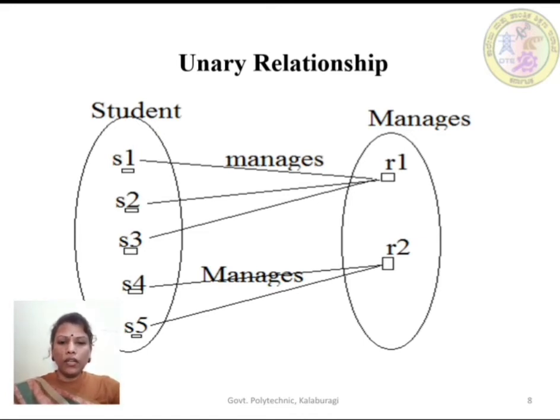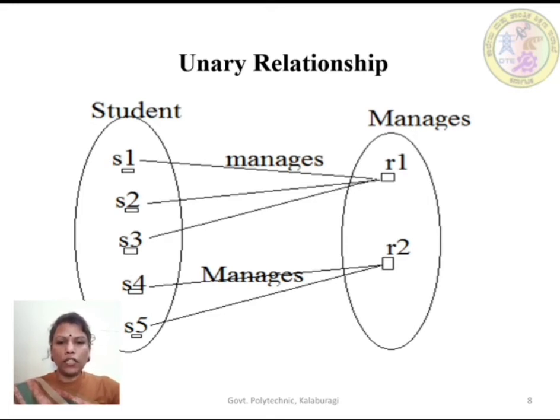All the 3 entity instances belong to the same entity type, student. The second one is the S4 entity instance manages the S5 entity instance. S4 is also a student entity type, S5 is also a student entity type.